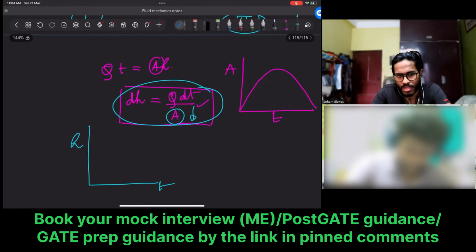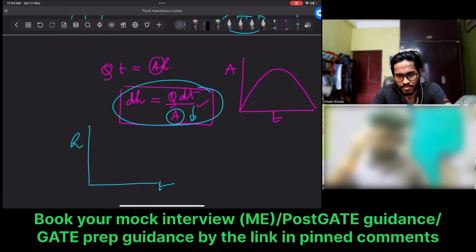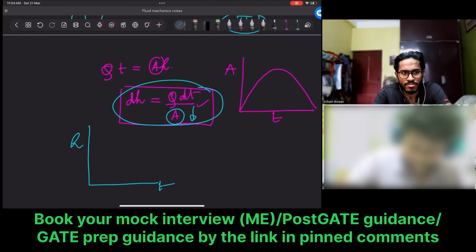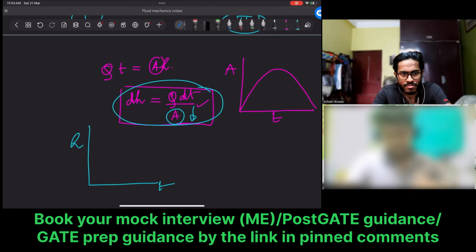dh by dt will be like this, as A is increasing. So the slope is first decreasing, increasing slope.